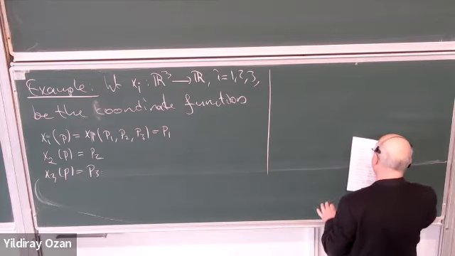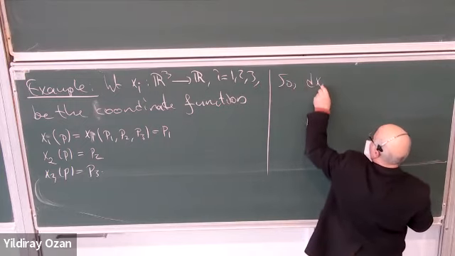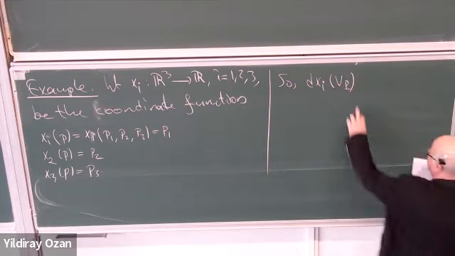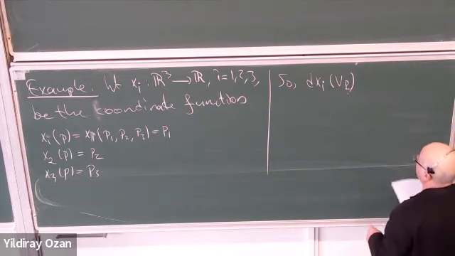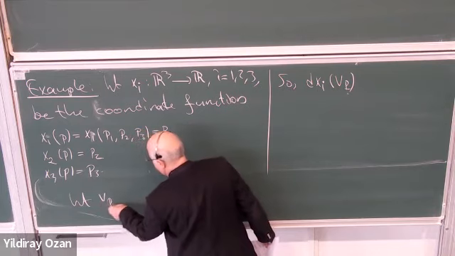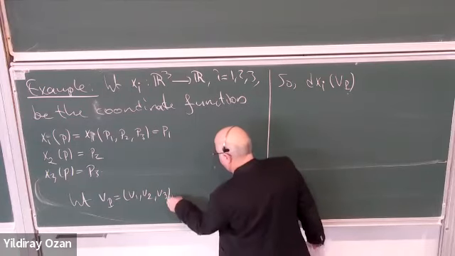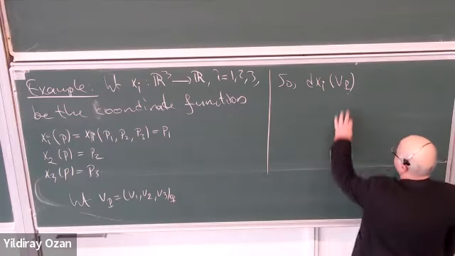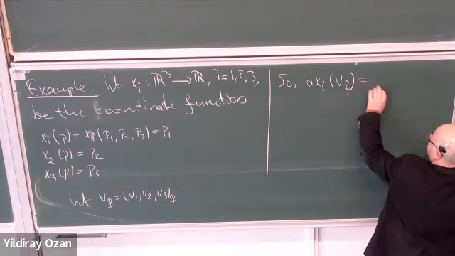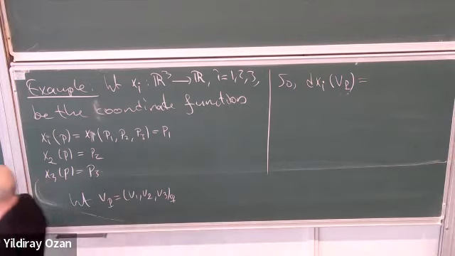Then dxi at the point p at the vector vp is what? Let vp be this vector v1, v2, v3 at the point p. So this is nothing but the directional derivative. We may think of it this way.